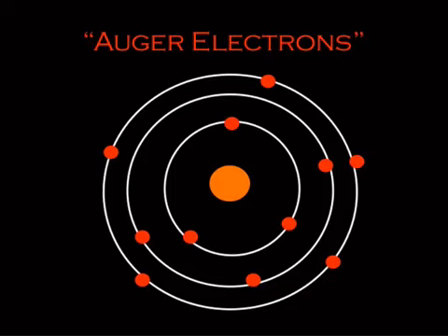But instead of generating an X-ray, it takes its energy and transfers it to another electron. Because it's an outer rim electron, you don't have to pay those guys much to leave, right? So in this situation, you actually ionized two electrons.